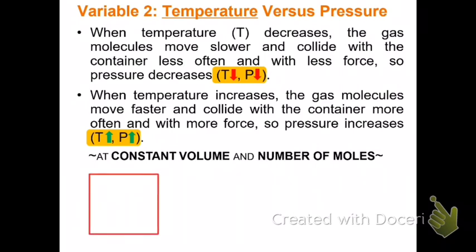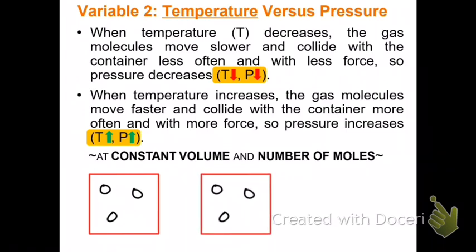Let's say we have two containers with 3 gas molecules again. Two containers, same volume, same number of molecules. The only difference here is temperature. The temperature for the first one on the left is, let's say, 100 kelvins, and on the right-hand side the temperature is tripled, 300 kelvins.